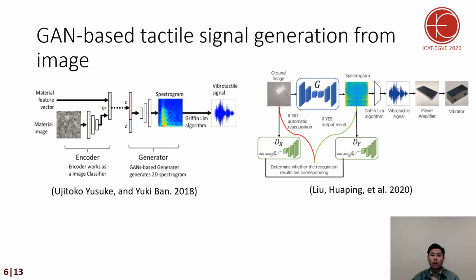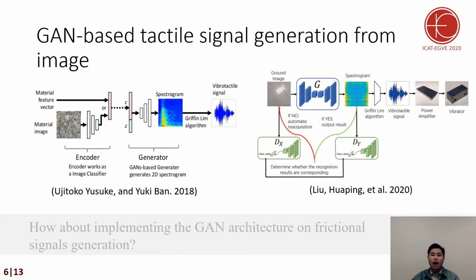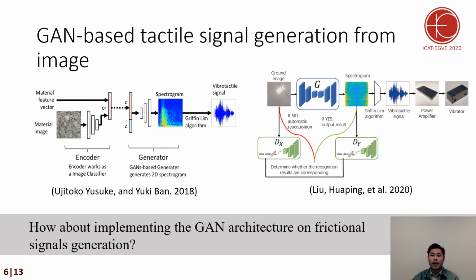Similarly, another work built a cross-modal perceptron based on the CycleGAN framework and developed a portable device for visually impaired people. As these previous works focused on acceleration-based signal generation, how about implementing the GAN structure for frictional signal generation? Our work shows the feasibility of generating frictional signals from texture images using GANs.